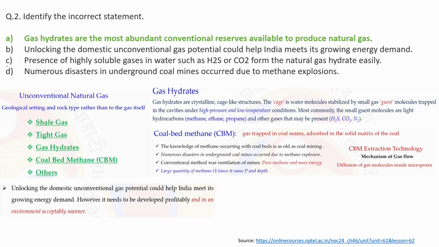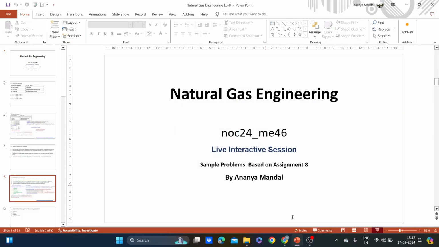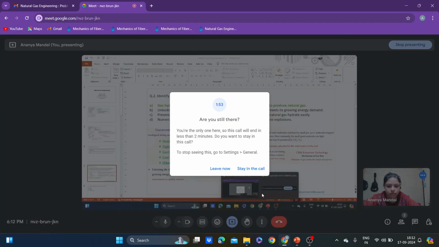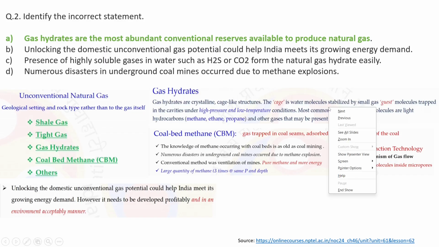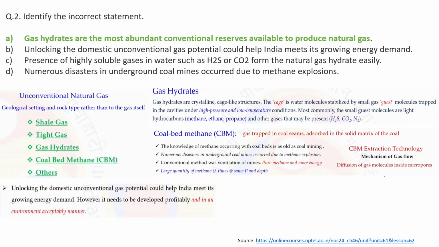You can see option C talks about the presence of highly soluble gases in water such as H2S or CO2 forming the natural gas hydrate easily. Here also, you can see the statement that most commonly the small gas molecules are light hydrocarbons and other gases that may be present, such as H2S, CO2 and N2.